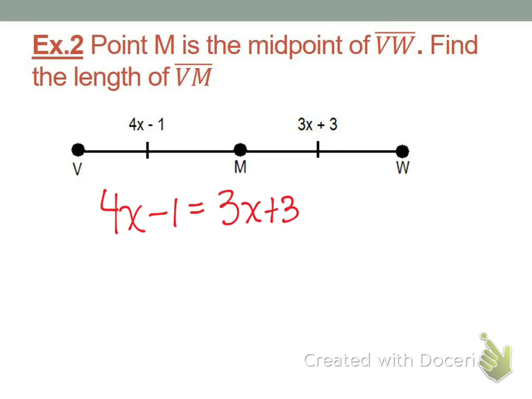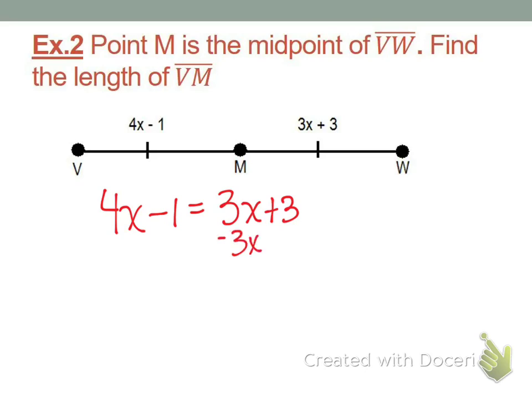Questions about why we set these equal to each other? Do we have questions about it, or are we all good with that? Okay, now that they are set equal to each other, I need to solve for X, so what do you want to do? Micah?